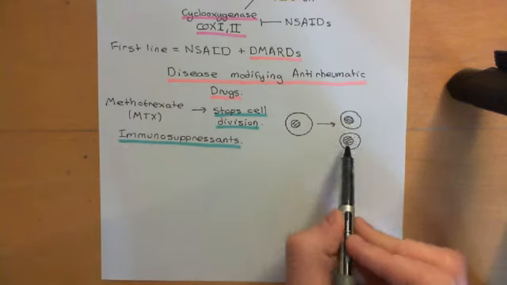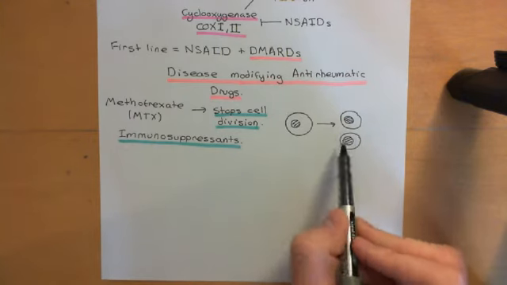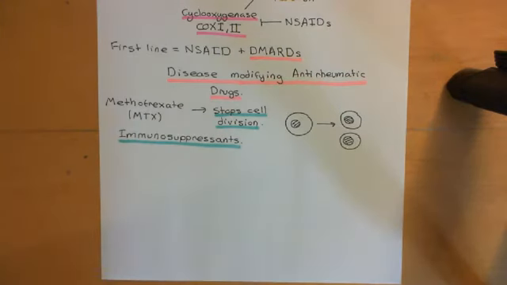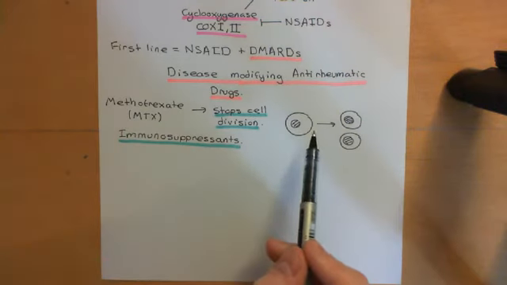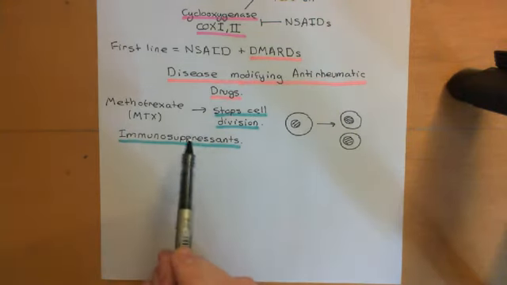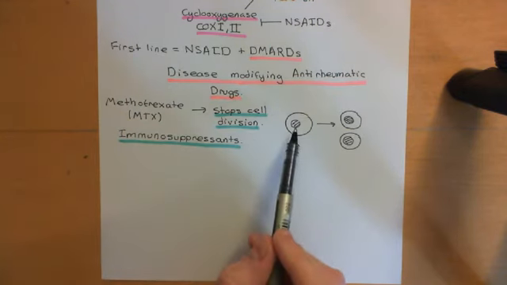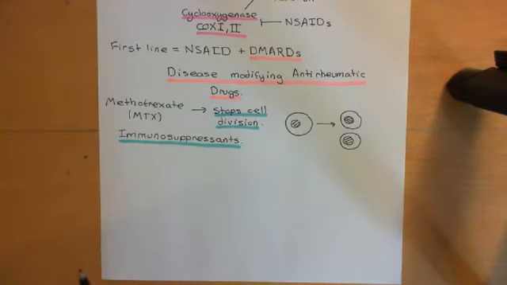Now, if we've got two cells, each of them has one copy of all 46 chromosomes, and therefore you need to copy the entire genome. That's going to require a huge amount of DNA synthesis. If we've blocked the production of nucleotides that are needed for DNA synthesis, then we're not going to be able to copy the genome, and therefore we're not going to be able to divide.